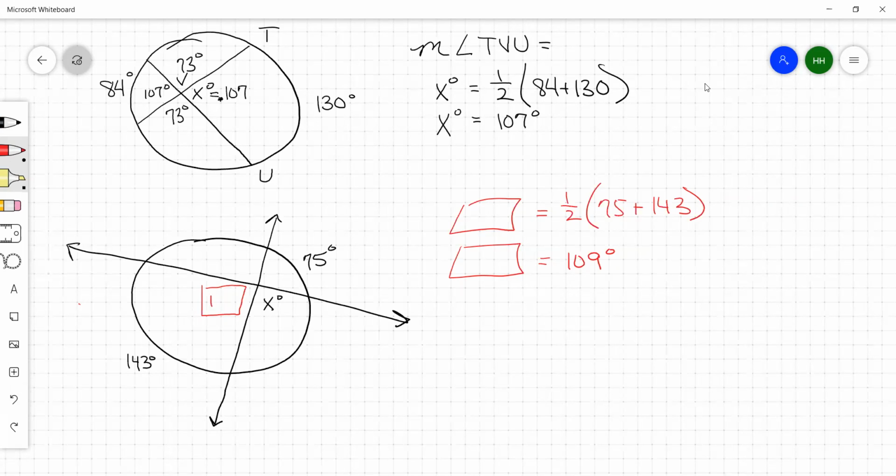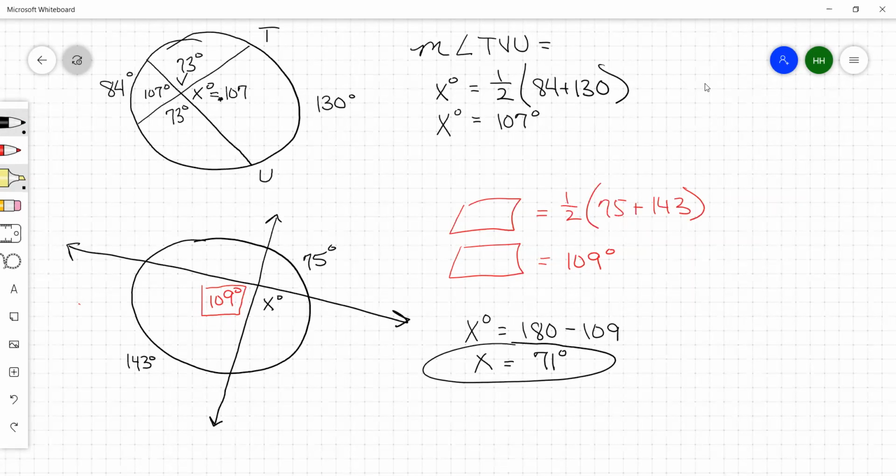But can't we use that like we just did on the previous problem? This 109 plus this x degrees angle, they have to sum 180, don't they? Because they're adjacent and they form a line. So then our x degrees is going to be equal to 180 minus 109. That's 71 degrees. So there's your x.